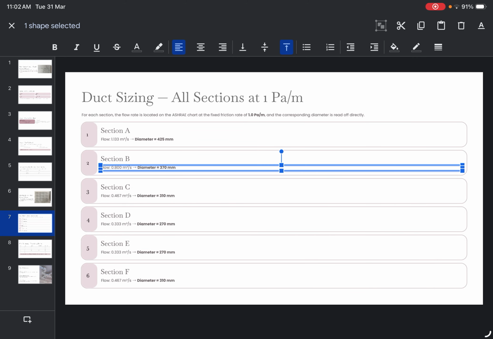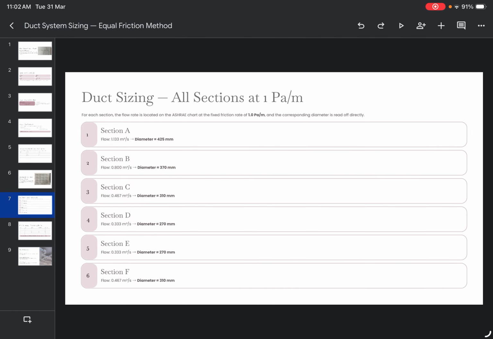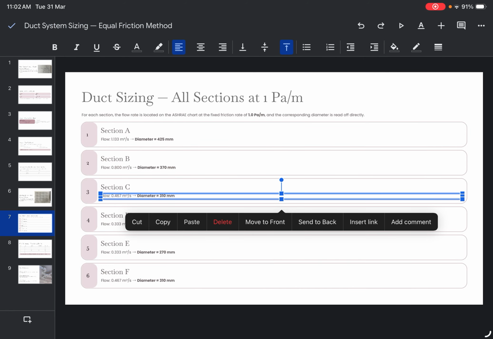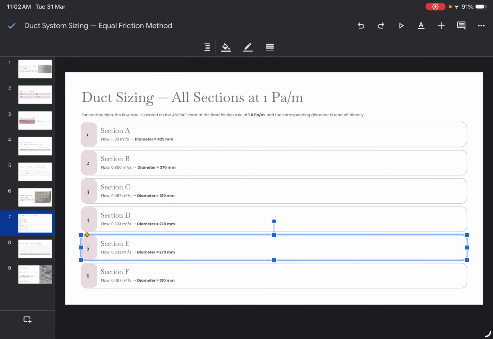So how do you get this? For sections B, C, D, E and F, the diameters are obtained directly from the friction chart by using two parameters. One is the flow rate in that corresponding section, and second is the friction rate. So how much is the friction rate?